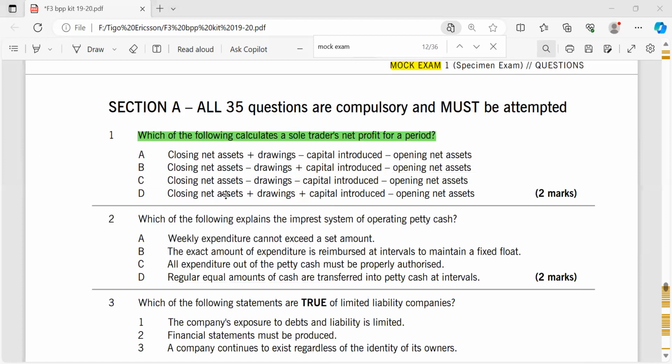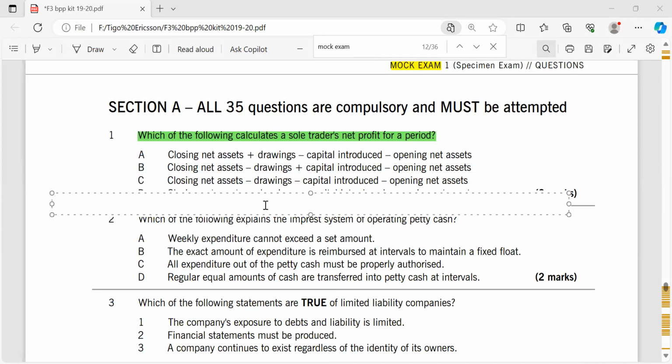Usually, simply speaking, you have the figures there: closing net assets, drawings, and what? If you have the opening net assets at the start of the period, then during the period you can earn some profit.